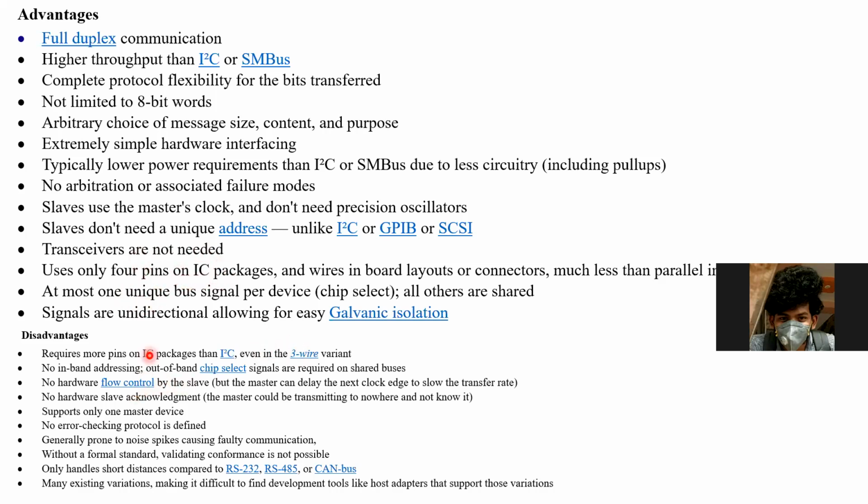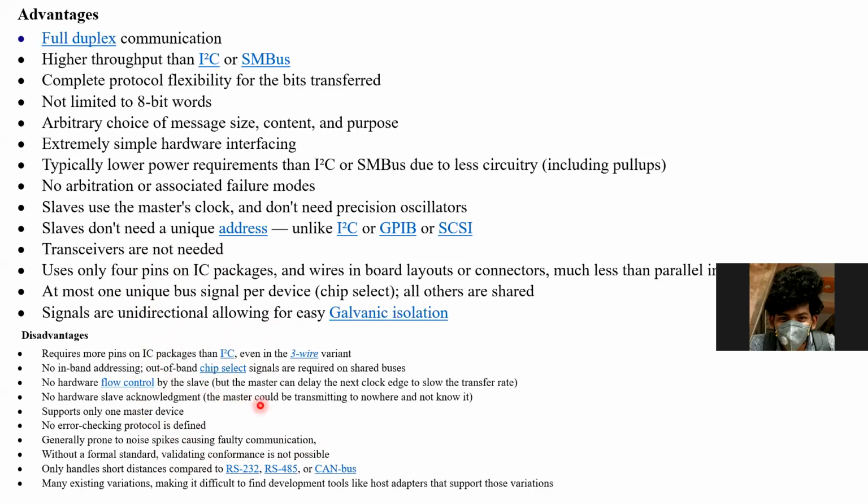While we are looking at disadvantages, mainly it is for very short distance. RS-232 and RS-485, which are even used in powertrains, can cover more length, but here the length will be very short. Depending upon the IC pins, some I2C is used in a three-wire system, but here we can only use a four-wire system.